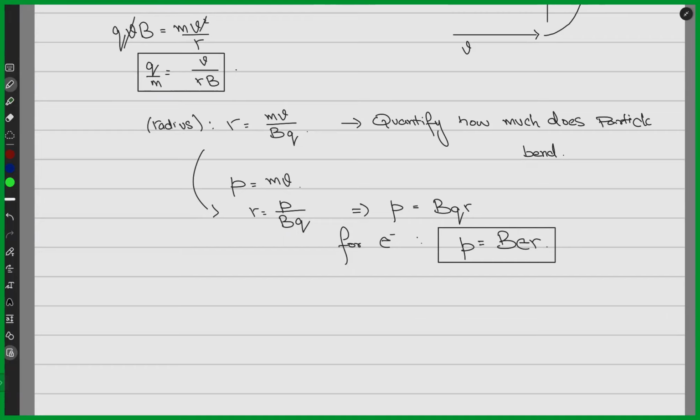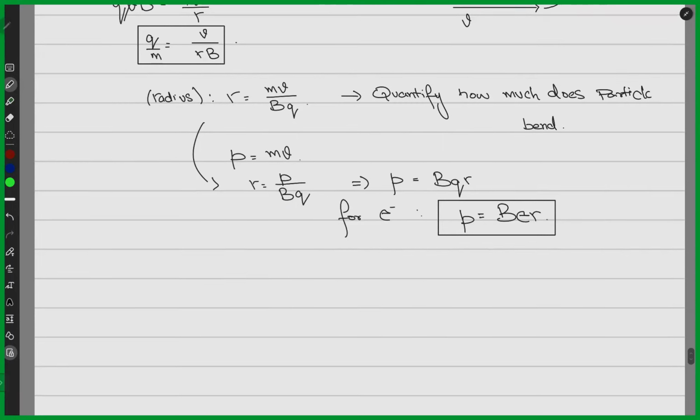Which means that the relation between velocity and the radius of the particle would be directly proportional. So this tells me that the radius of the particle is directly proportional to the velocity of the particle.